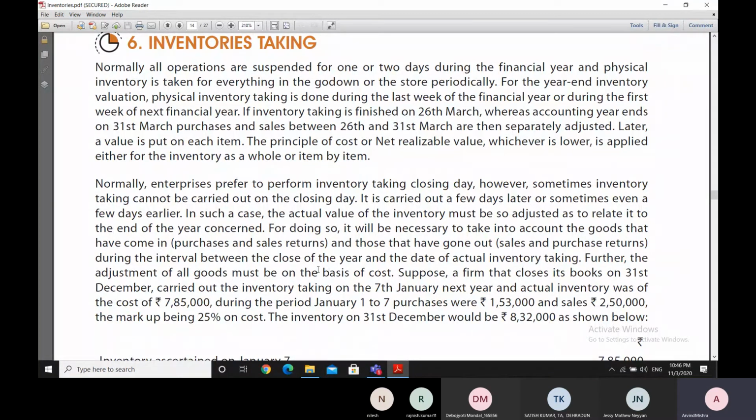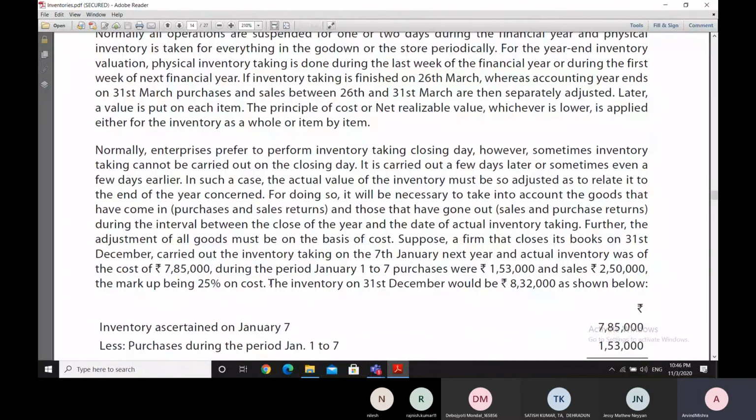So whatever adjustment is made for the purchase and sale, it must be made on the cost value. For example, supposing a firm closes its books of accounts on 31st December, but it carried out the inventory taking on 7th of January next year.